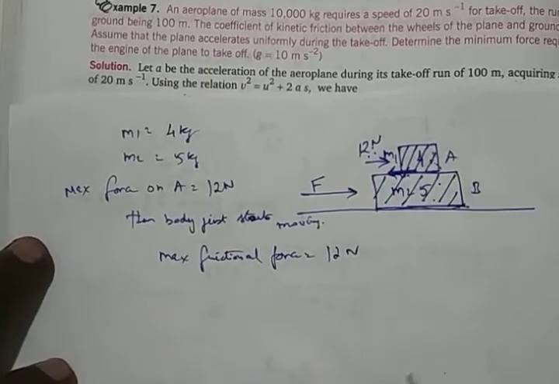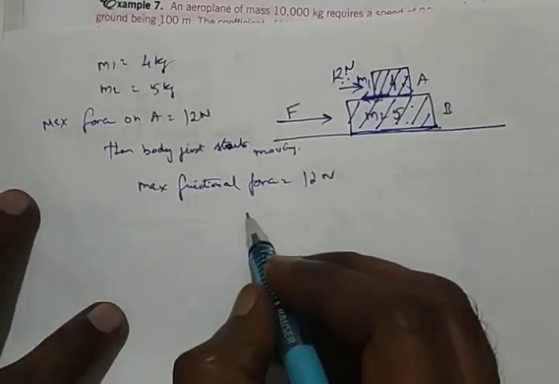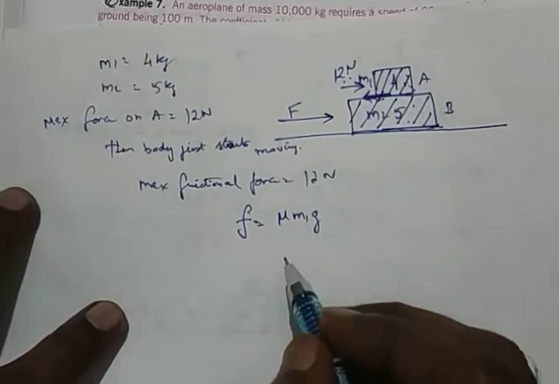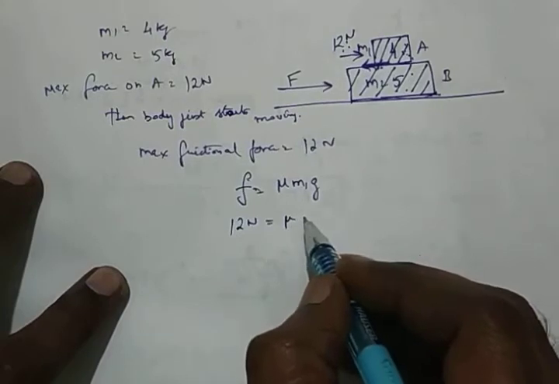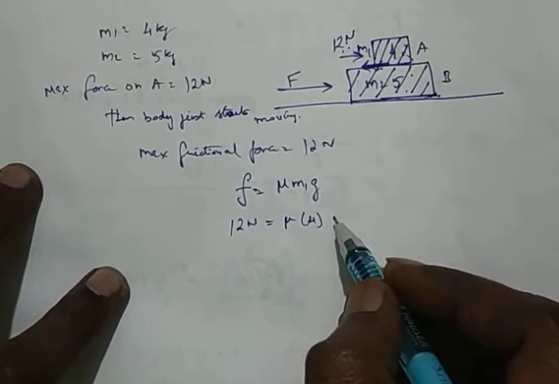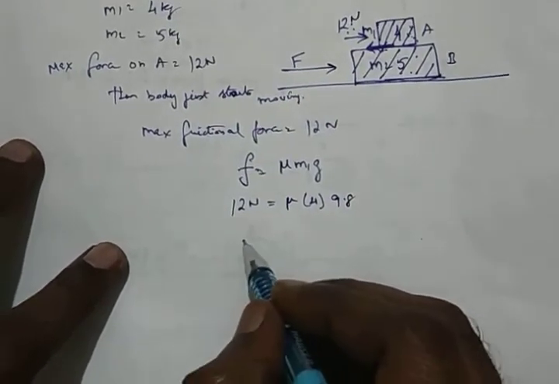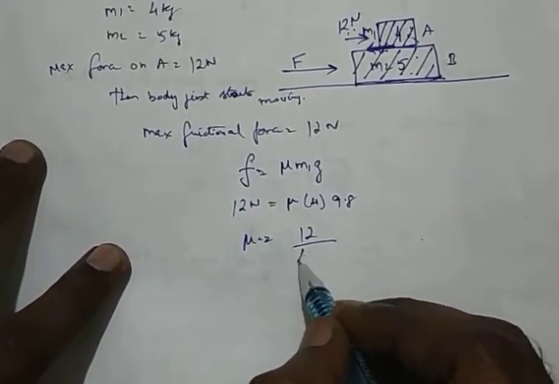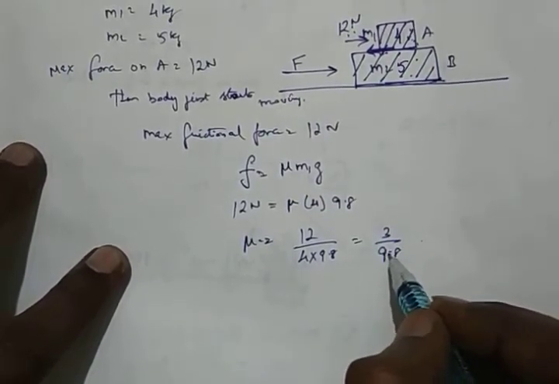If the maximum frictional force is 12 newtons, now we can find the value of mu. So F is equal to mu into m1 into g. So 12 newtons is equal to mu into 4 kg into 9.8. So what is mu equal to? Bring this down: upon 4 into 9.8, it is equal to 3 by 9.8. This is the value of mu.